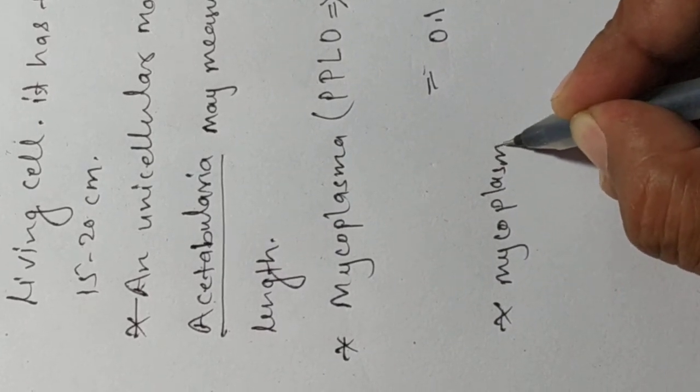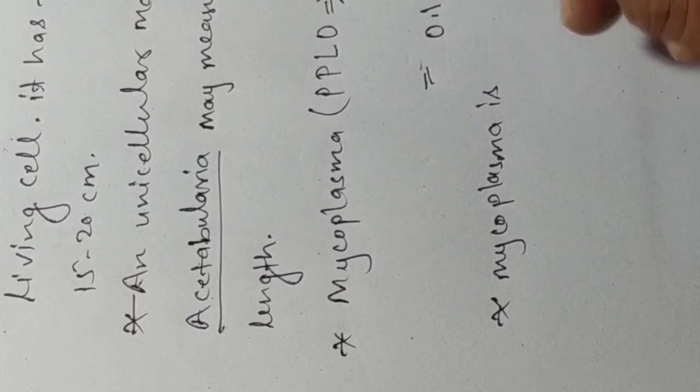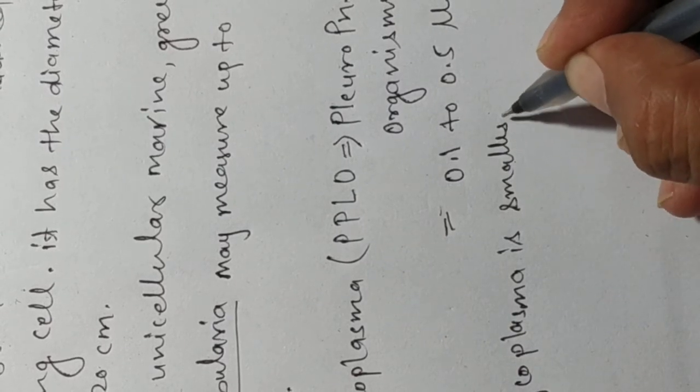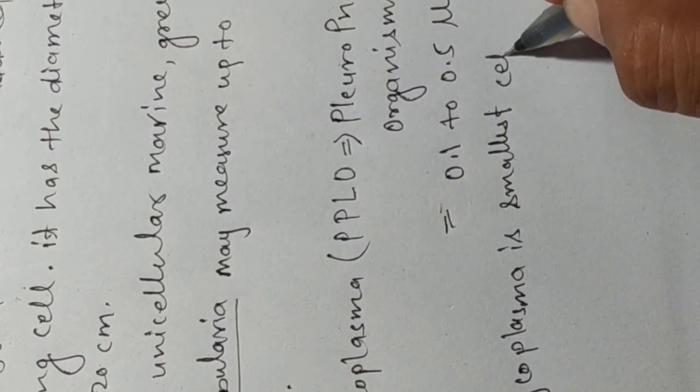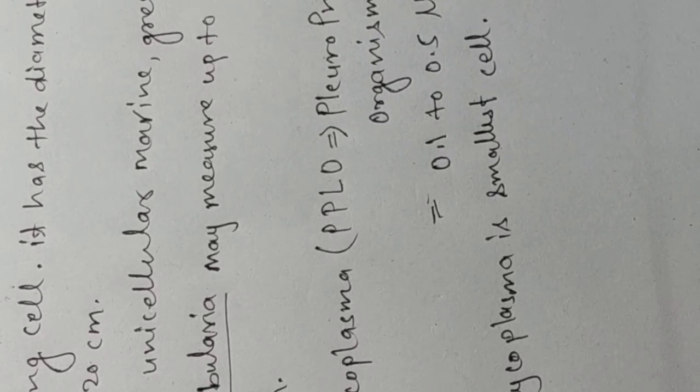Mycoplasma is the smallest cell and the ostrich egg is the largest cell.